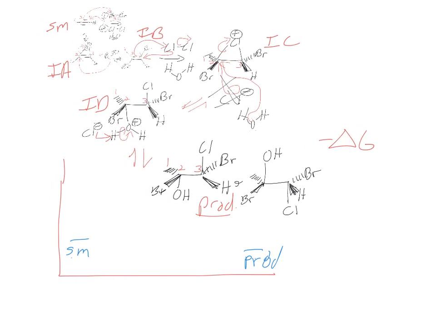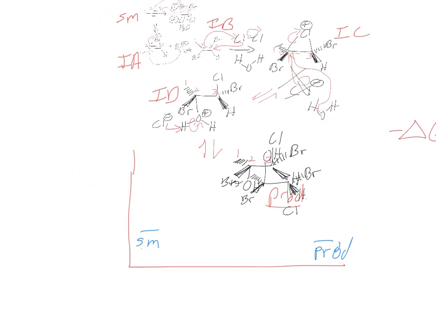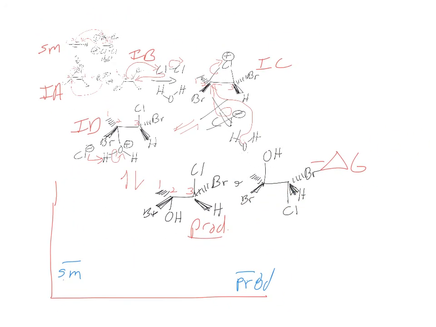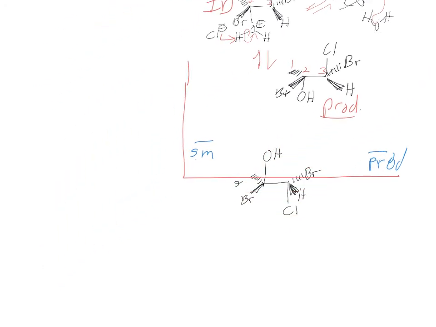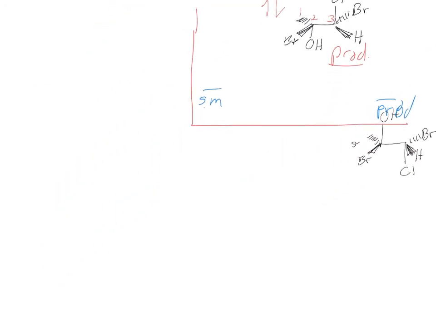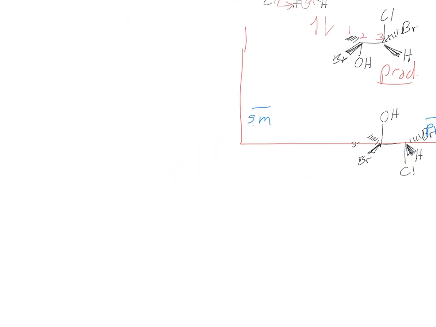Kind of stuck. Yeah, let's just get it all the way. I'm going to redo it. Hopefully you have those things written down. So starting material, product needs to be lower because the delta G was negative, so we're going downhill.